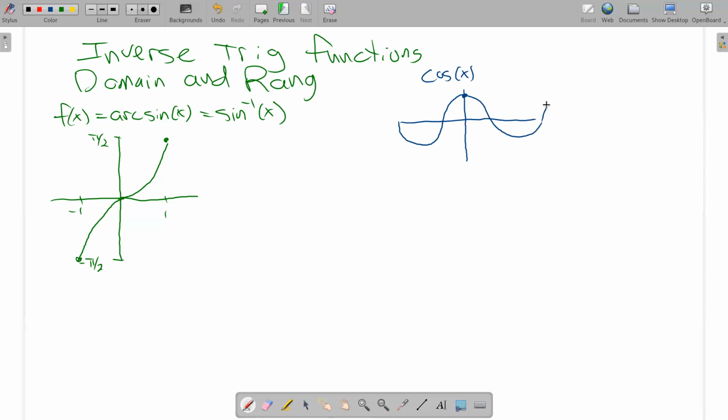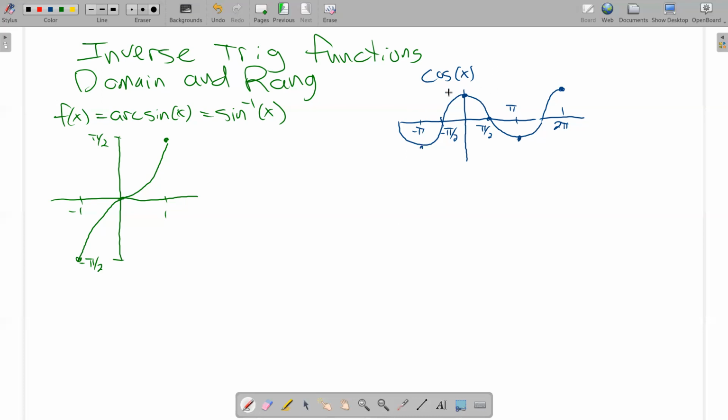And it's going to reach its peak again, making a full period here at 2 pi. And then in between, it's going to reach its minimum at pi. And then it's going to have a 0 here at pi/2, -pi/2, and a bottom here at -pi. Okay, so that's the graph of the cosine. You should be pretty familiar with that for now and those special points there.